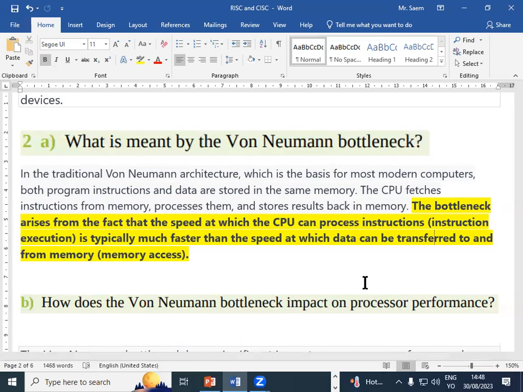If you achieve this, the performance increases to a great extent. Yes or no? So that's what bottleneck means.